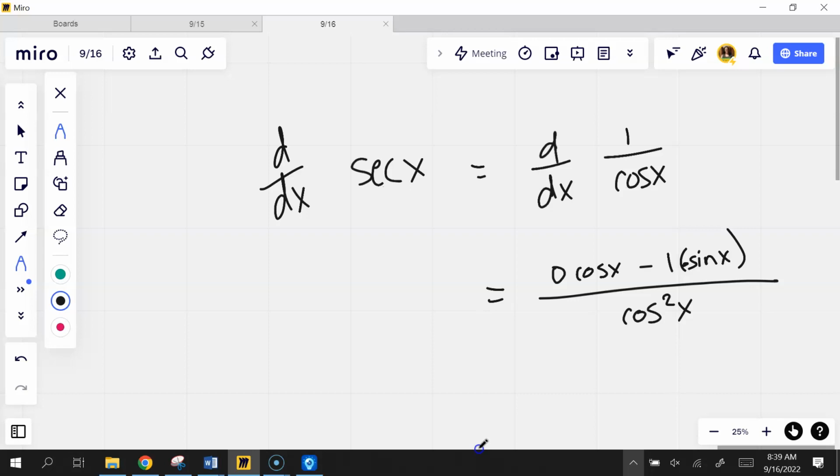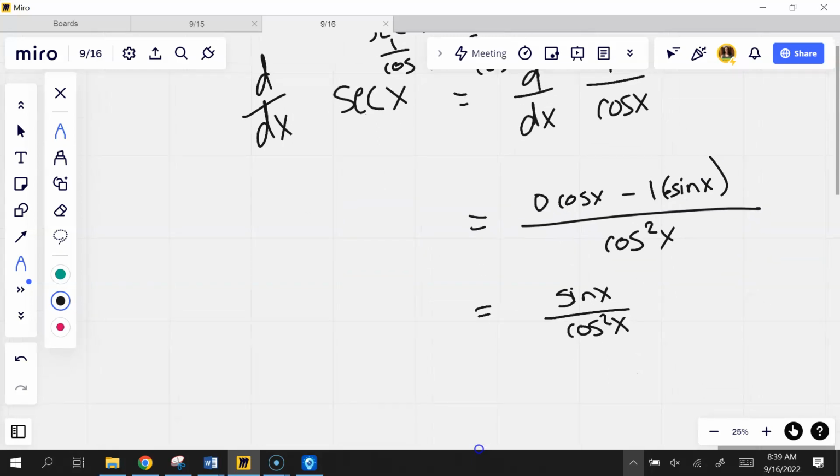Y'all okay there? This would just be sine x over cosine squared x. Remember what I'm trying to get back to prove. I'm trying to prove that it's secant x tangent x. And remember what secant x tangent x is. That's 1 over cosine, and that's sine over cosine.